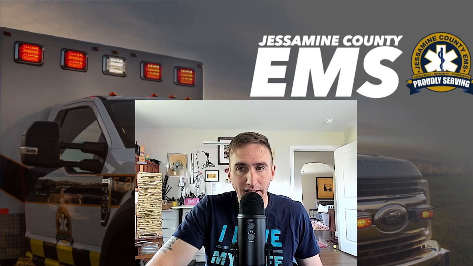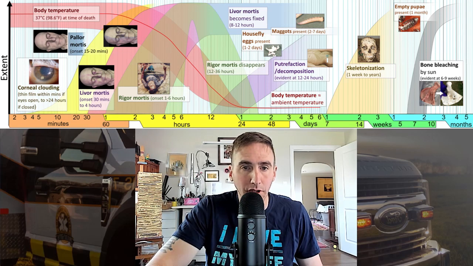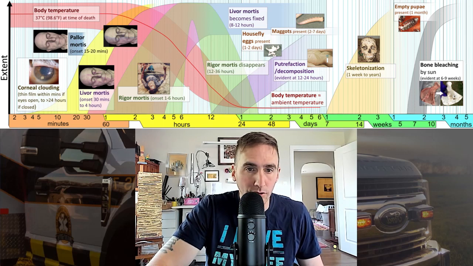Now, there is a spectrum of how people can determine how long somebody has been dead. Usually at the time of death, the temperature is 98.6, which is average. And as time progresses, it takes a long time for the body temperature to reach ambient temperature.